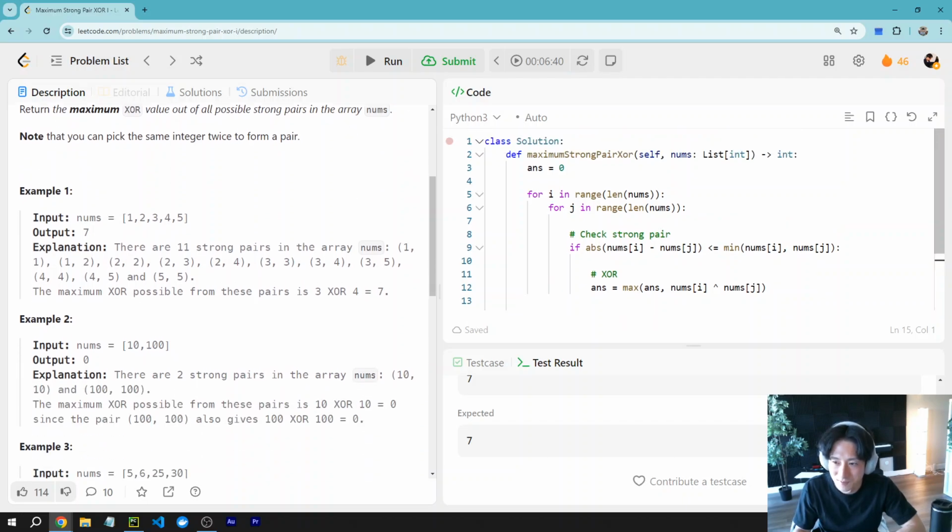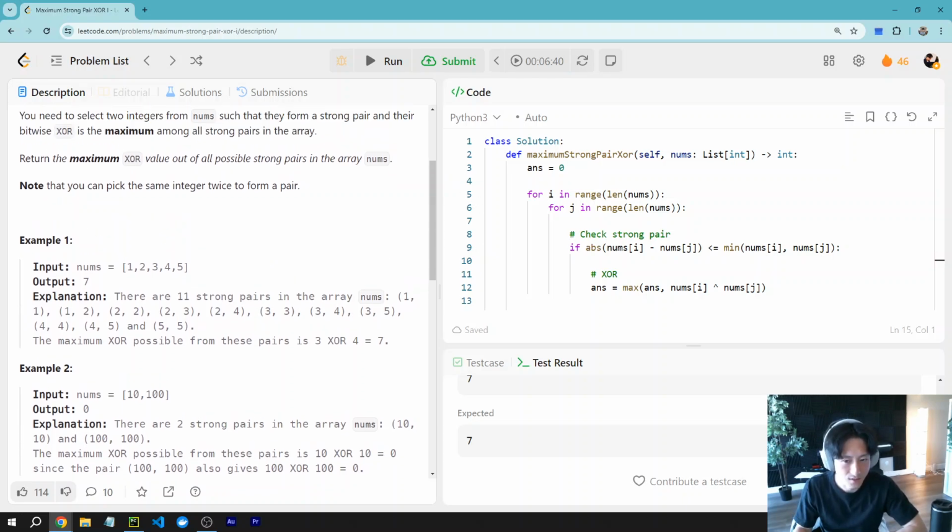So this is all n squared. I think the next step to the optimized way would be n log n. So if I sort the array, is it going to help me?